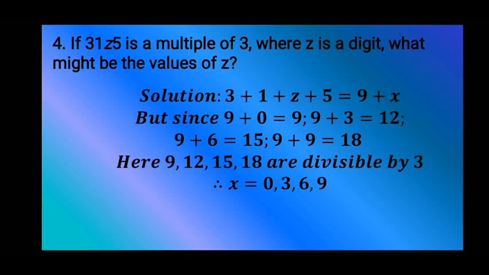So again we have 3 as a possible candidate for z. Likewise, if you have 6, then 15 works, and if you have 9, then also it works. The value for z can be 0, 3, 6 or 9. So your number can be 3105, 3135, 3165 or 3195. All of these are divisible by 3.